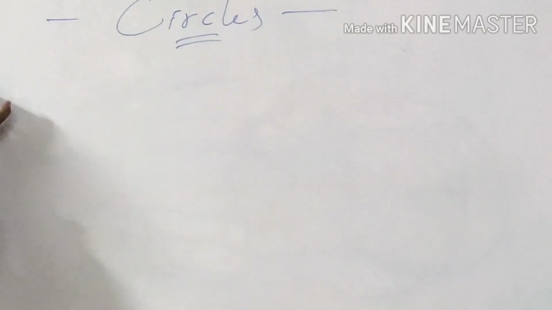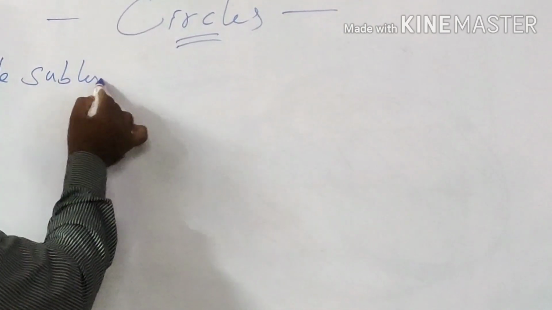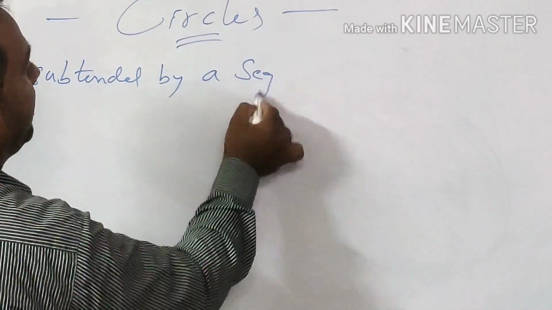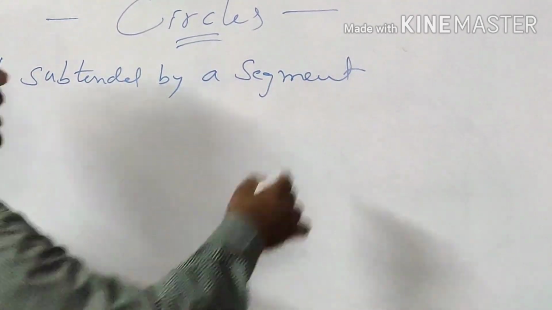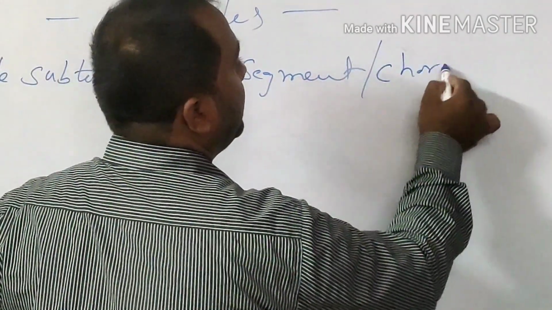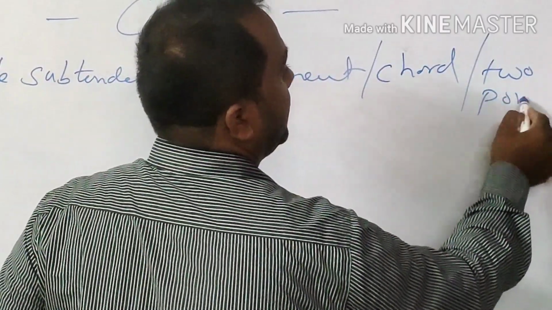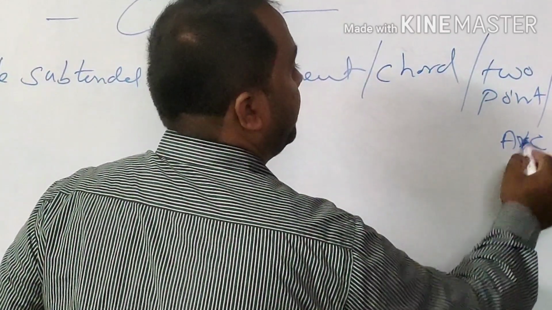First one I am going to take as angle subtended by a segment, a chord, or two points, or I can say an arc as well.